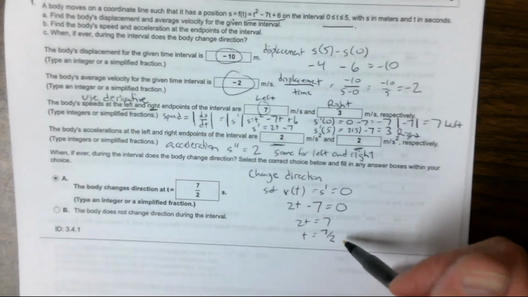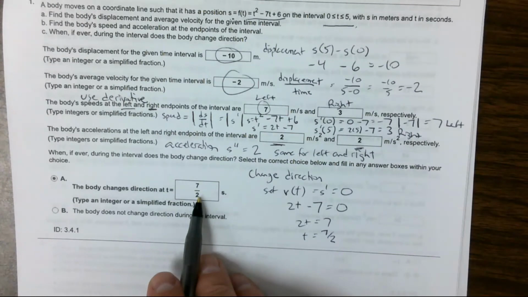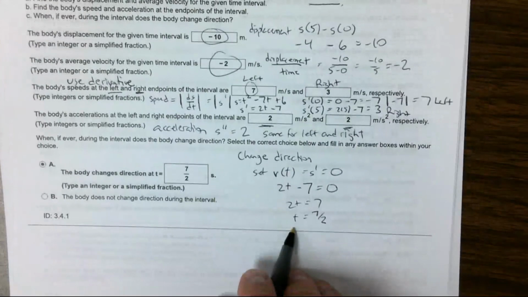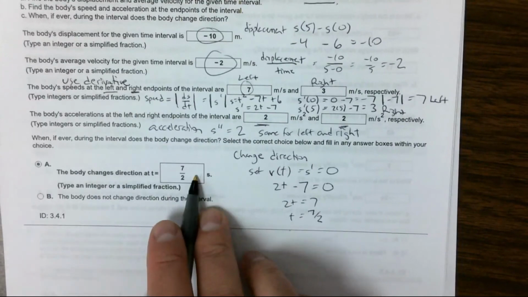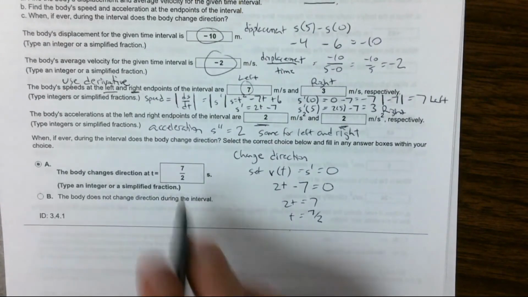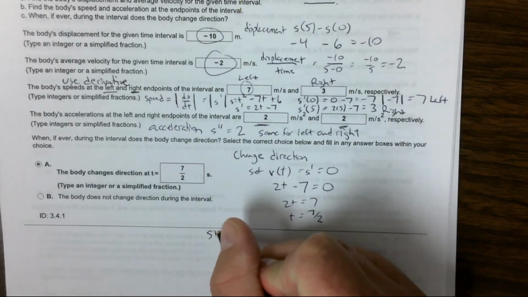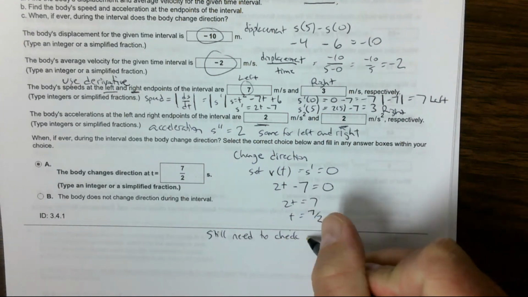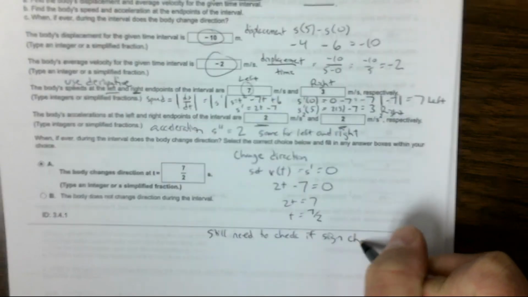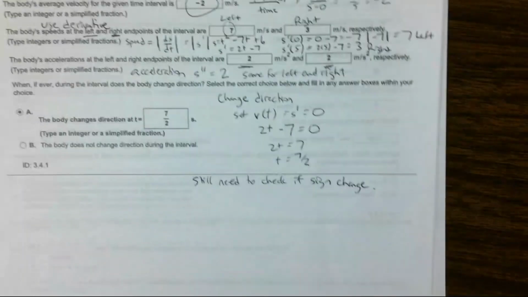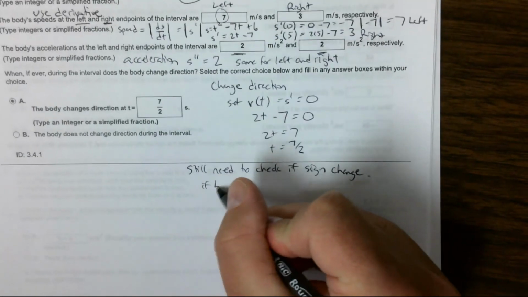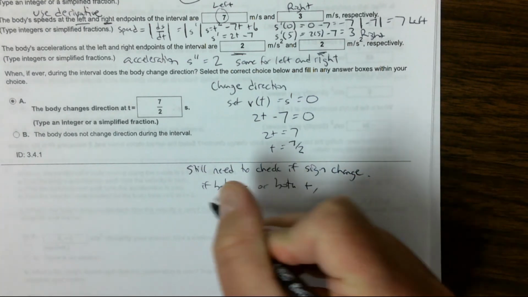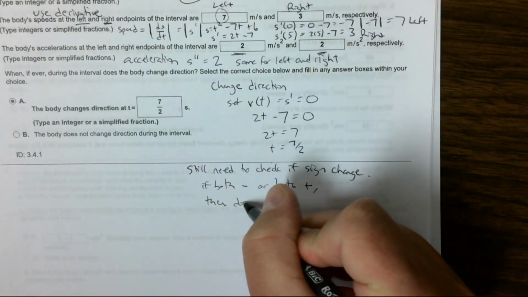So that would be the possible number that goes there, but don't just assume that since you have a number that goes in the blank. In other words, you still need to check if there's a sign change. Because if both are negative or both positive, then it does not change direction.